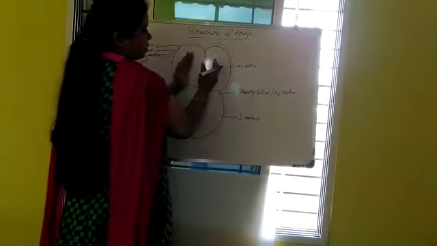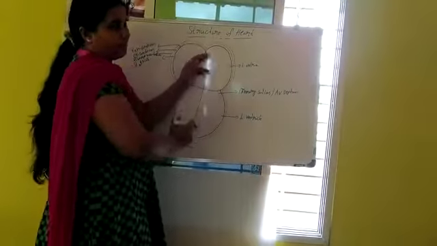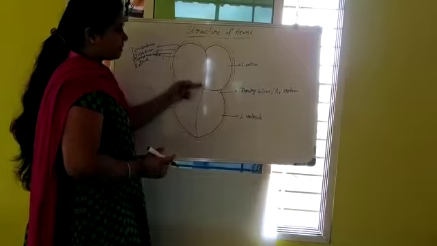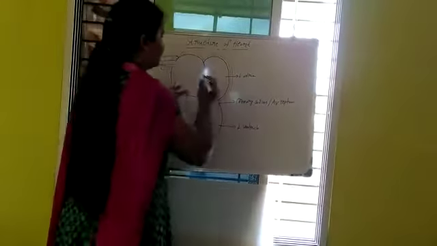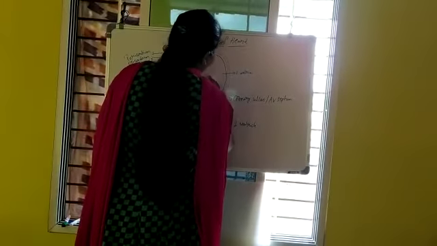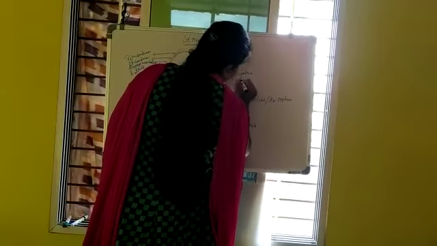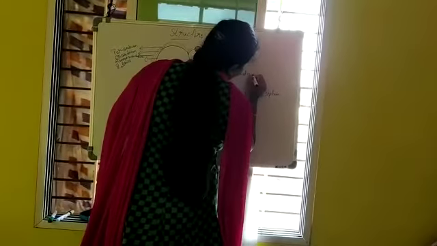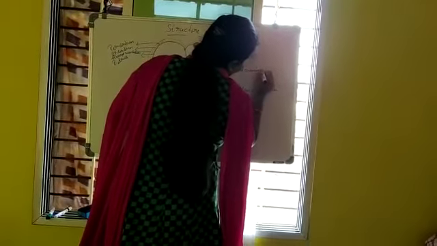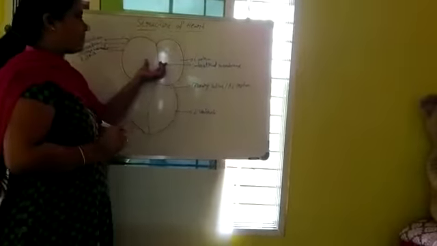Next, these two atria are separated by one membrane, which we can call the interatrial membrane.